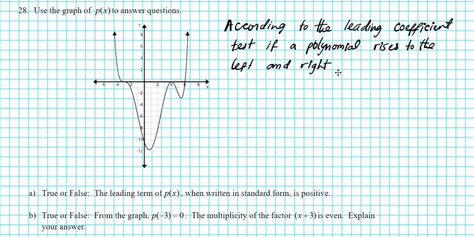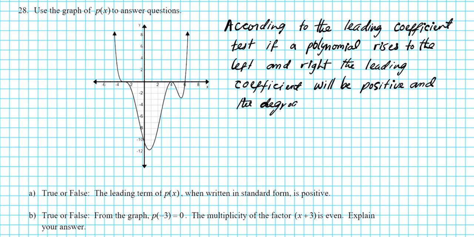Okay, so if it rises to the left and to the right, the leading coefficient A will be positive, and the degree of the polynomial will be what? The degree of the polynomial will be even.